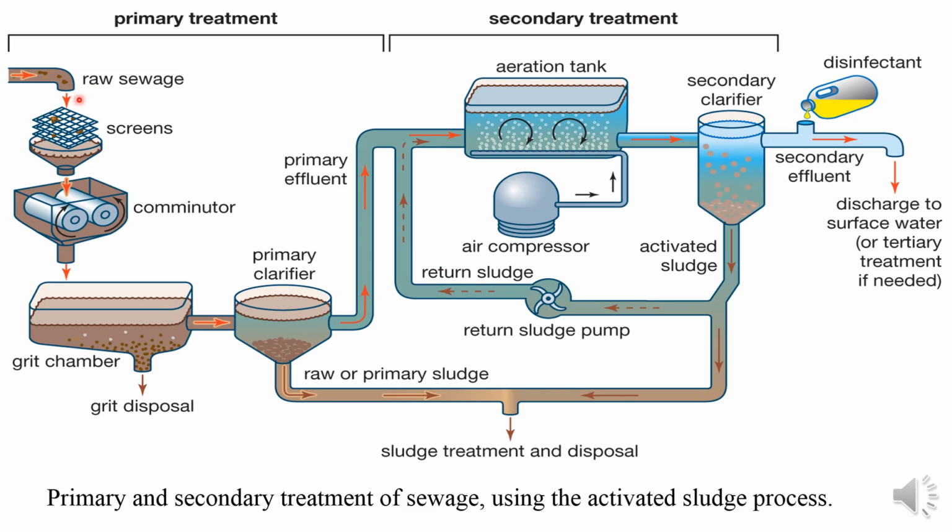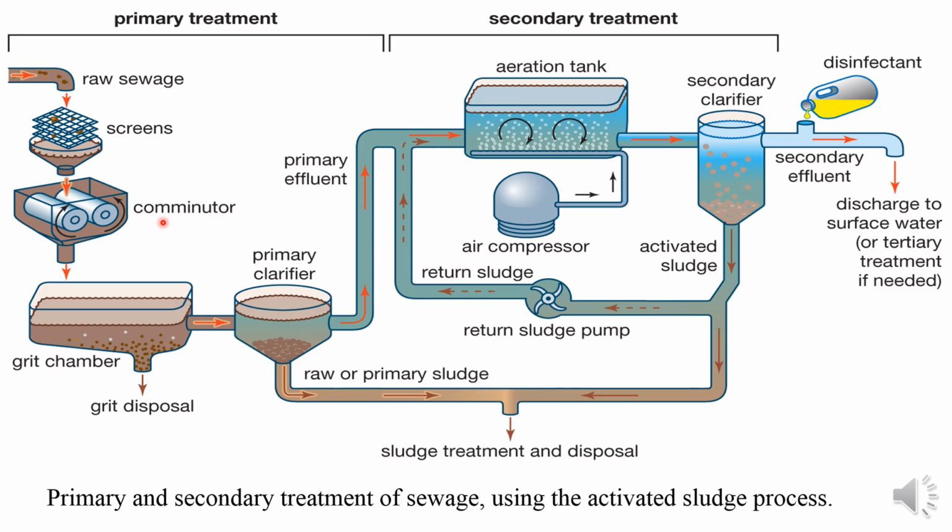Raw sewage, when it enters these screens in the form of bars, they filter the large particles and don't allow them to enter into the pipe streams. These screens separate the solid materials, and the water with the suspended material can go forward.